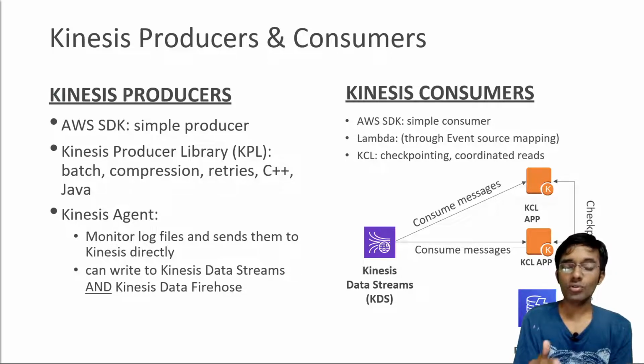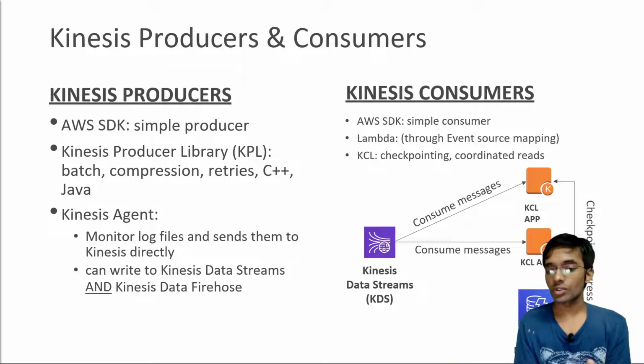So how does that work? Okay, so we have our Kinesis Data Stream, or KDS, and we are going to create a KCL, Kinesis Client Library app, that is going to be running. It could be running on premises, it could be running on EC2 instances, wherever you want.